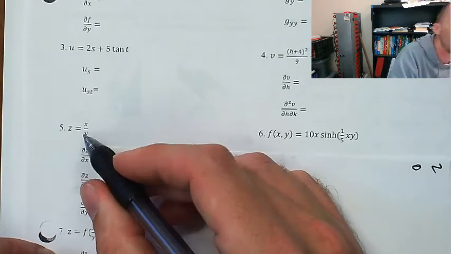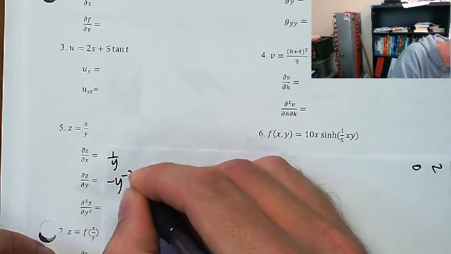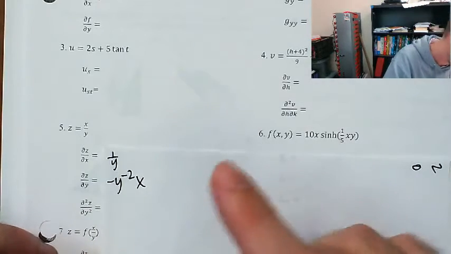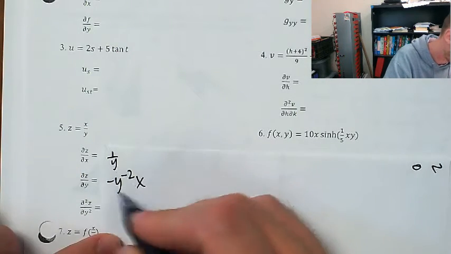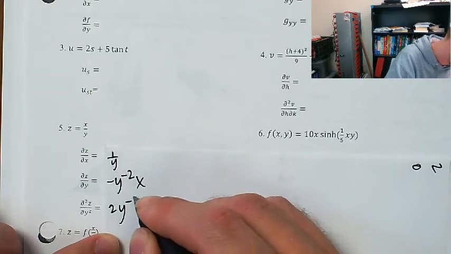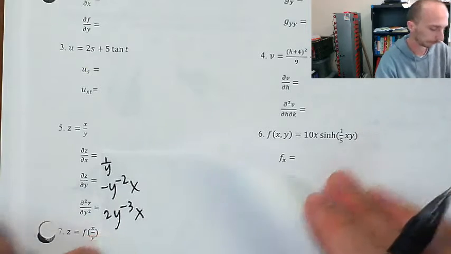The derivative of z with respect to y is the derivative of y to the negative 1, which is negative y to the negative 2, still multiplied by that x because it's a constant. Now the second derivative of z with respect to y both times, I'm just going to take the derivative of this with respect to y, and that would be positive 2y to the negative 3, still with an x there.